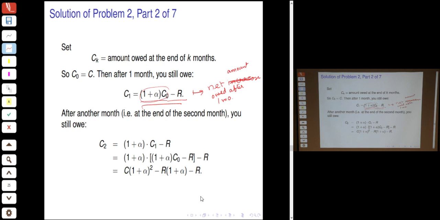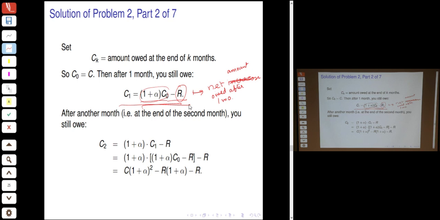So it's like a race between these two factors, and you want to find your monthly payment R such that exactly after 25 years, that is 25 times 12 months, these two quantities reach the same level, so that you owe 0 amount to the bank, after which your payments will stop. So that's the idea. So after 1 month, you owe the net amount C1 to the bank.